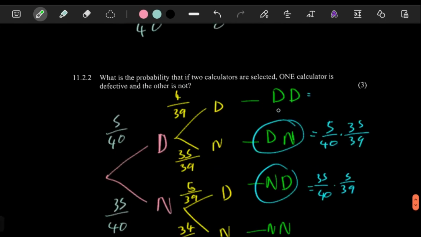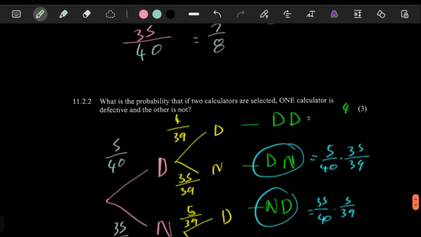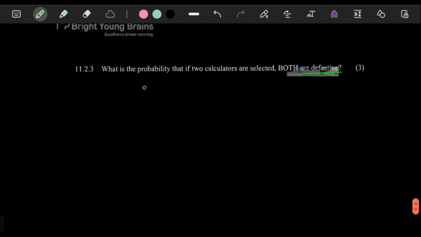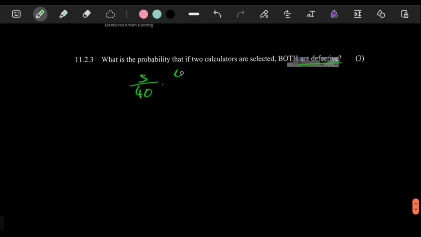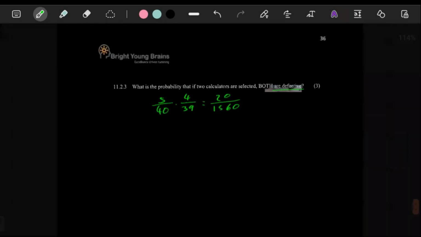Well, that's like D and D. So that's 5 over 40 multiplied by 4 over 39. This in your calculator is going to give you 20 over 1,560. Let's keep moving forward.